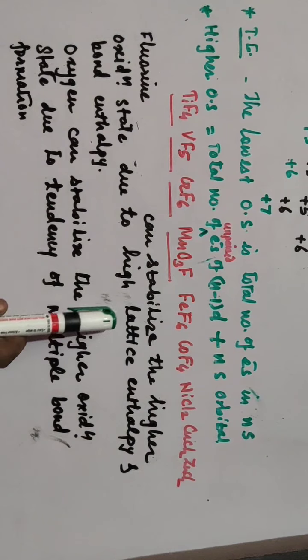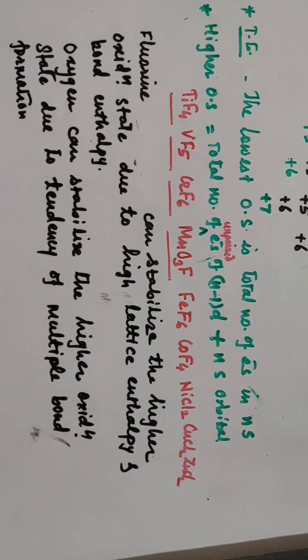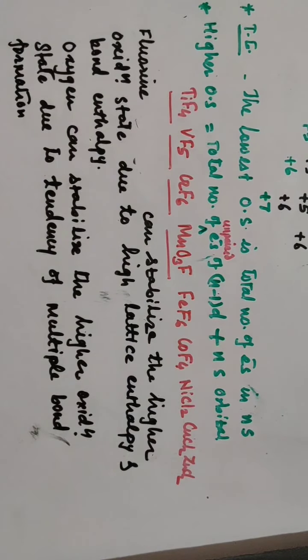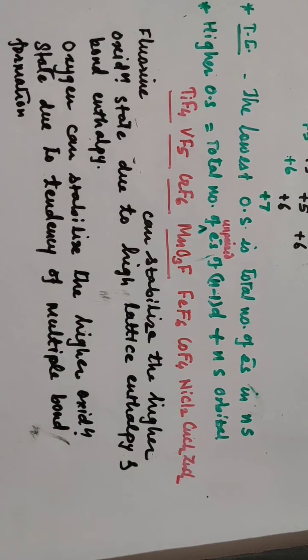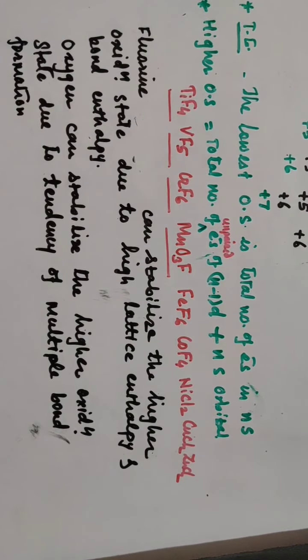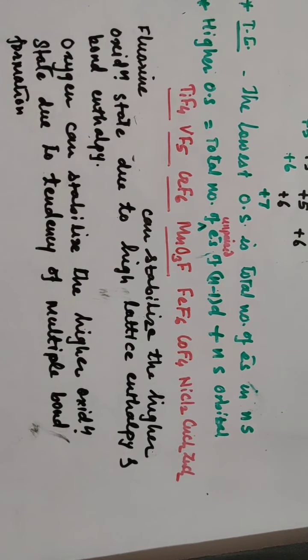Why? Because the lattice energy of fluorine is high, also the bond enthalpy of fluorine is high. What is the lattice energy? Lattice energy is the energy released when two ions combine together to form a compound. When the energy released is higher, the energy required to break it is also higher. That means the compound is stable.